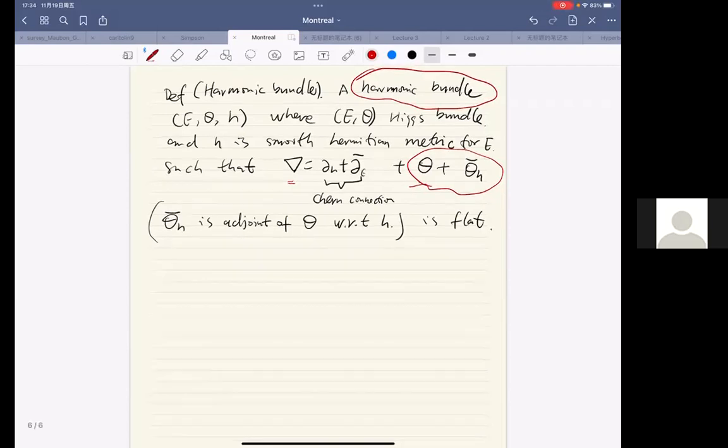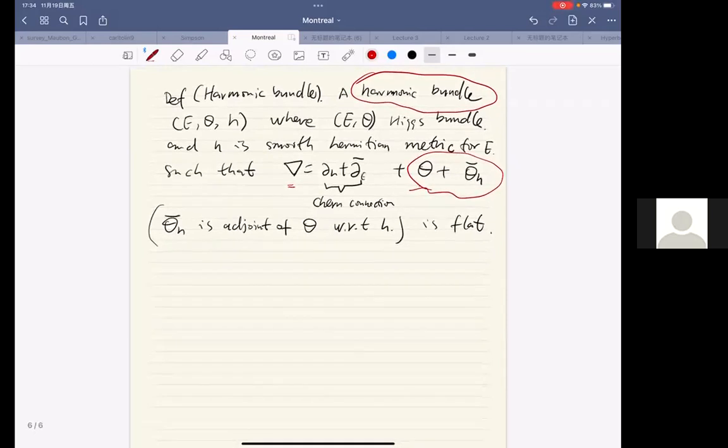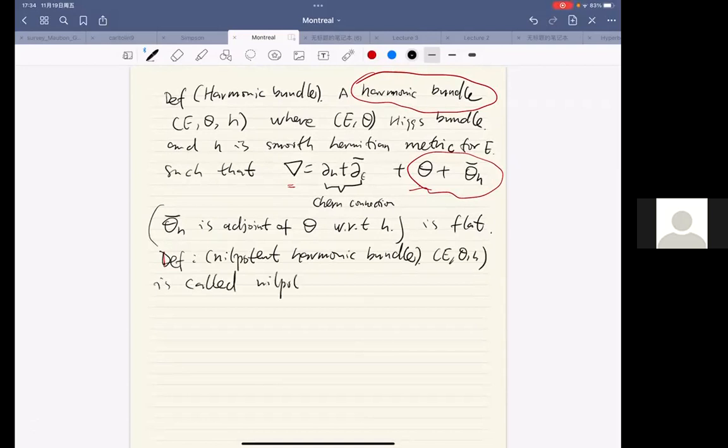But I'm more interested in the following object, which is called a nilpotent harmonic bundle, just as in the title. Sorry for so many definitions, but I will soon use them. The definition is easy. A harmonic bundle (E, theta, H) is called nilpotent if the Higgs field theta is nilpotent.